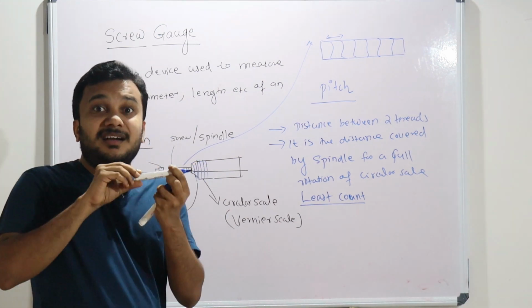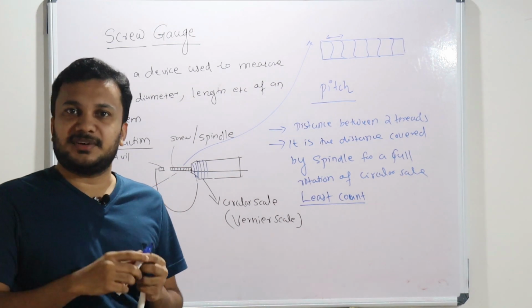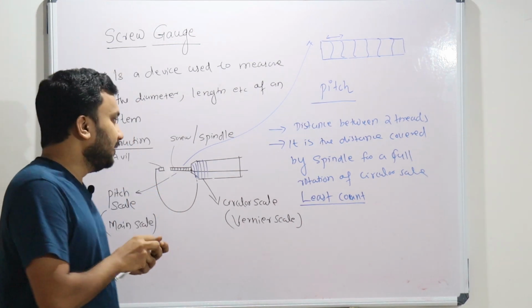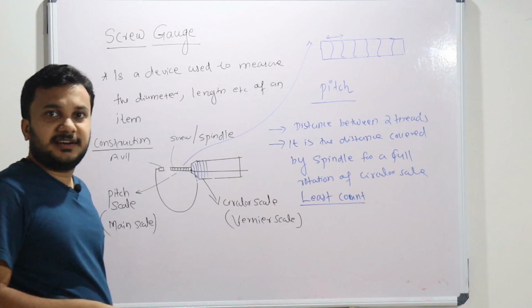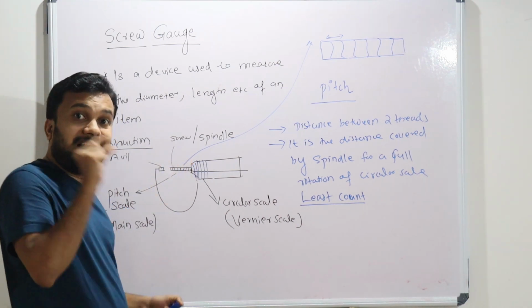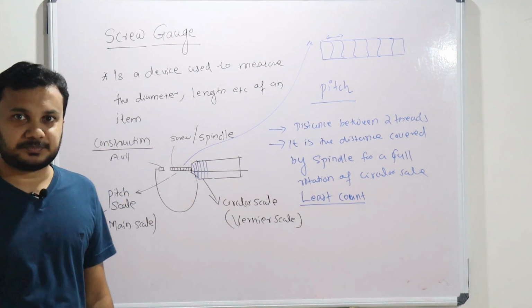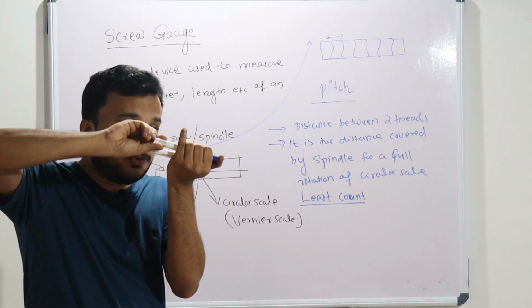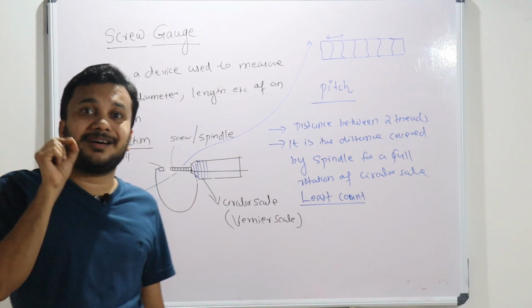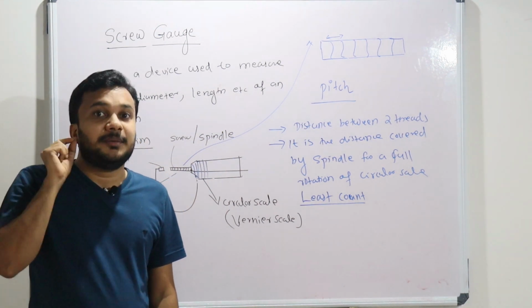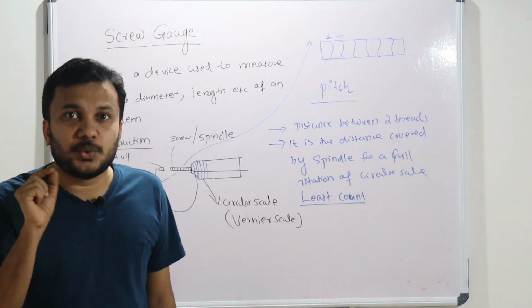So you can hear 100 tick sounds from the device, which means there are 100 divisions within the circular scale. If you cover a full rotation, you cover 100 divisions.